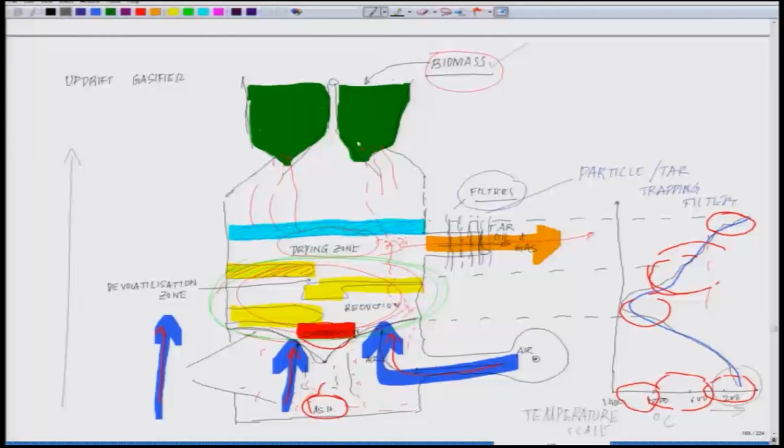Keeping this picture in mind, now from updraft we will move to the downdraft gasifier, and let us start with the schematics of the downdraft gasifier.